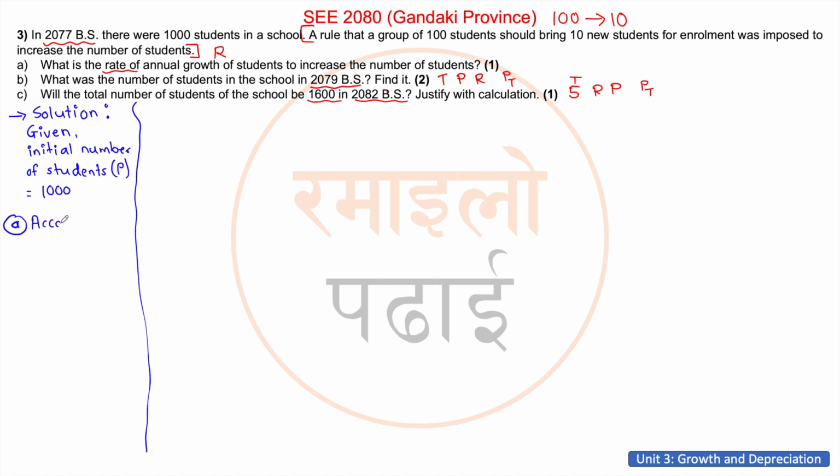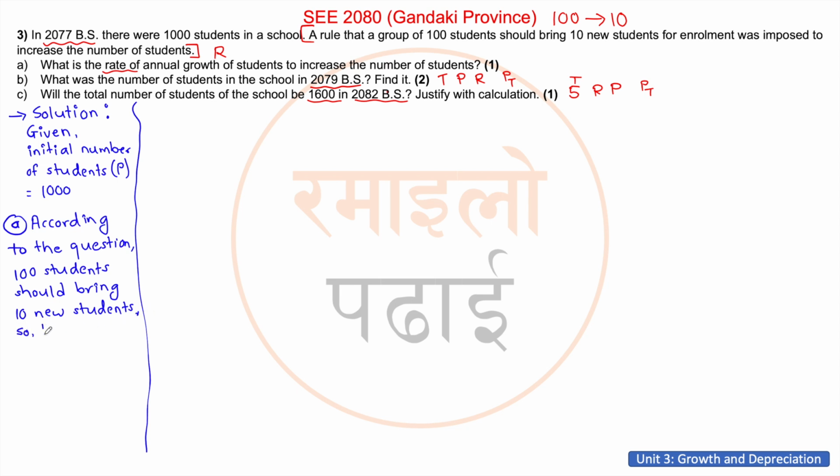According to the question, 100 students should bring 10 new students. Full stop.